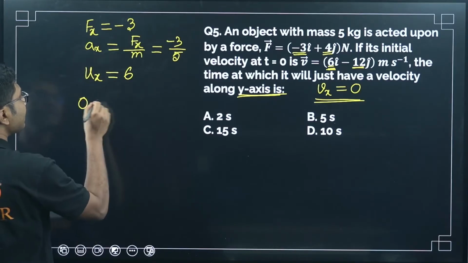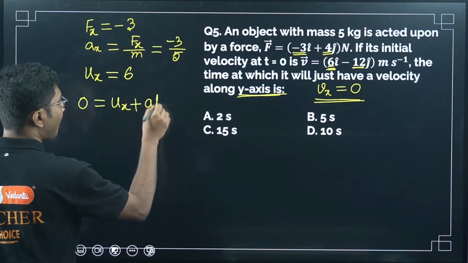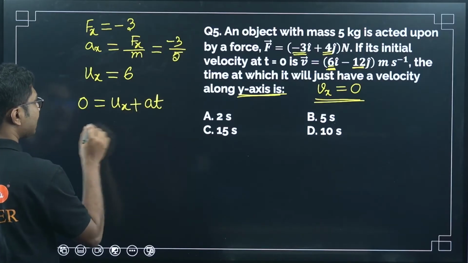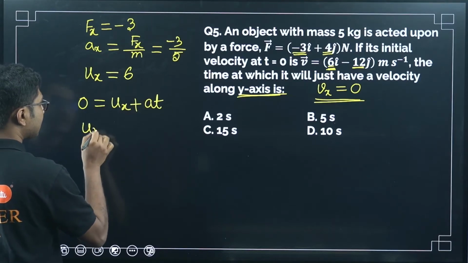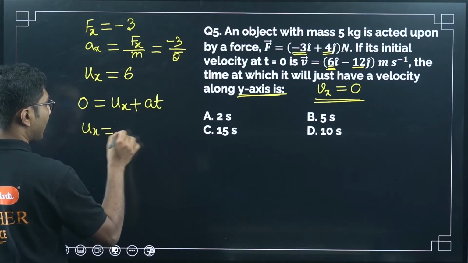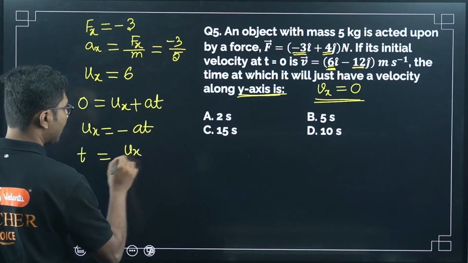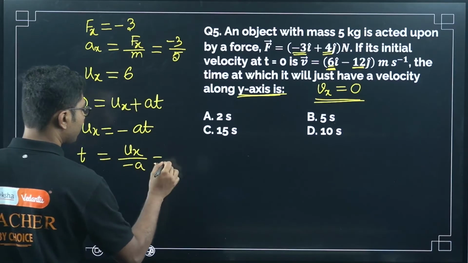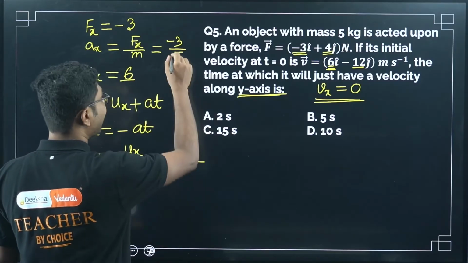We know that v is equal to u plus at. Since we are already considering the sign, we don't need to add a negative here. So ux equals minus at, or t equals ux by minus a. What is ux? Ux is 6. What is minus a?